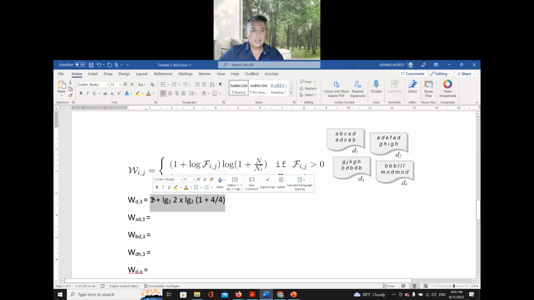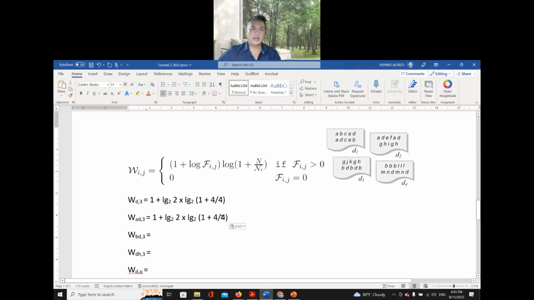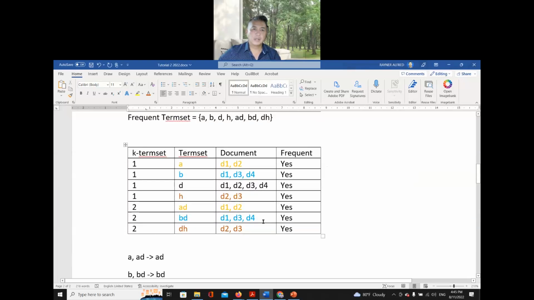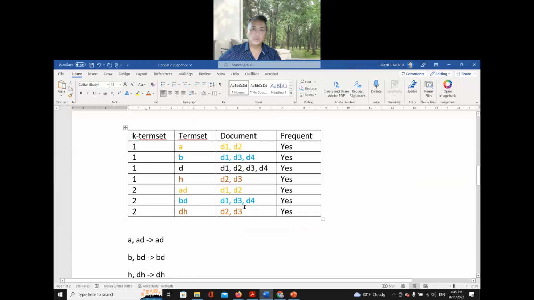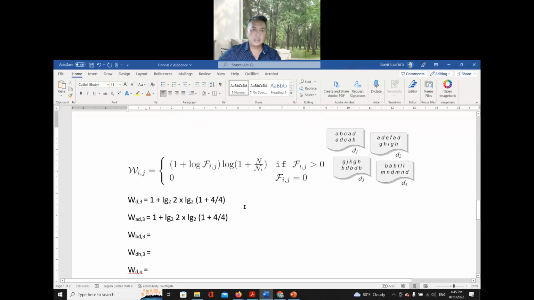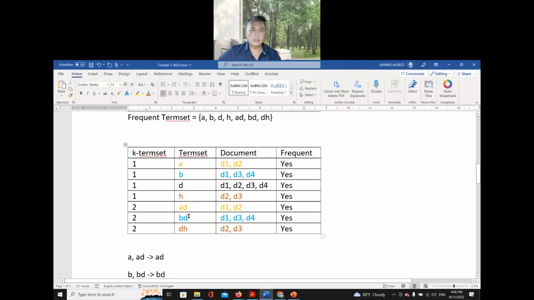Okay. So similar to this, I will have AD. Okay. So AD exists where? So we can refer here. The AD refers to D1 and D2. So this is 2. But with respect to document 3, 0. Okay, so this is 0. Okay, and you need to compute for BD. So BD appears how many times? BD here in 3 documents.